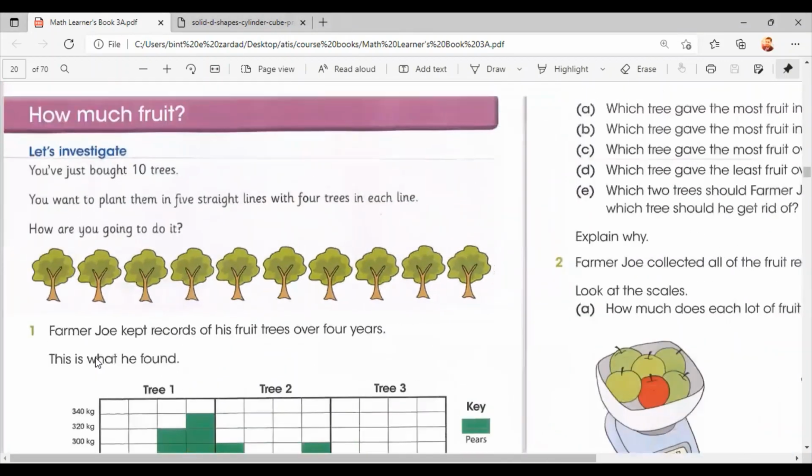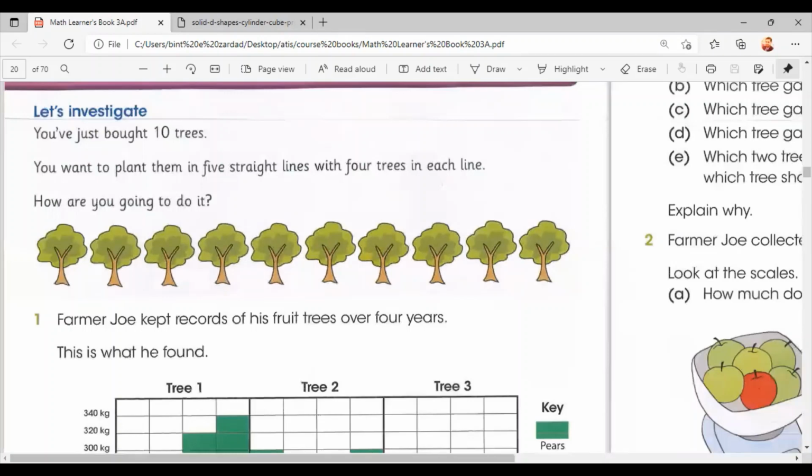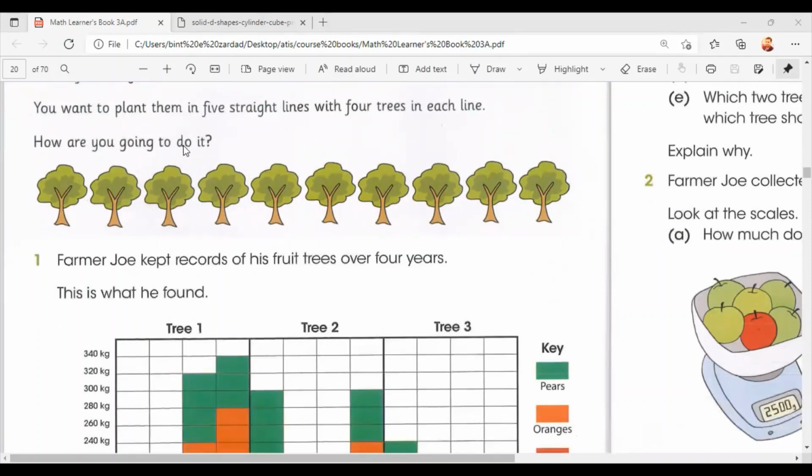Next topic: how much fruits? You have just bought 10 trees. You want to plant them in 5 straight lines. How are you going to do it? So we have just 10 trees and we arrange them in 5 straight lines.